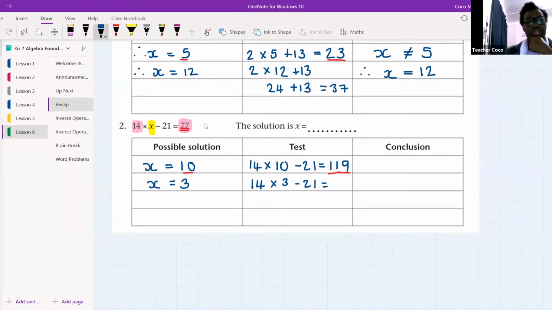And that's going to give me... Let's think about it. What's 14 times 3? Ma'am, it's going to give you 42.